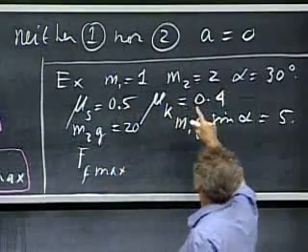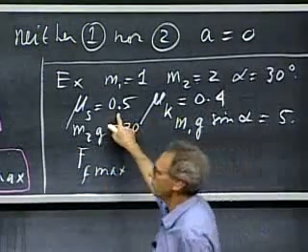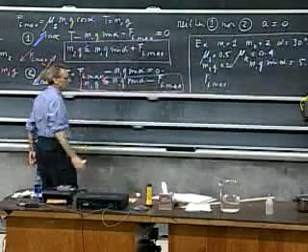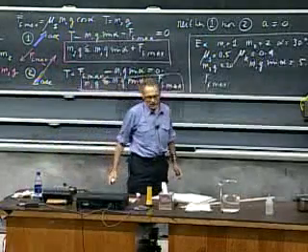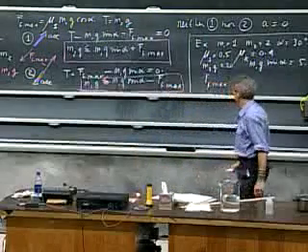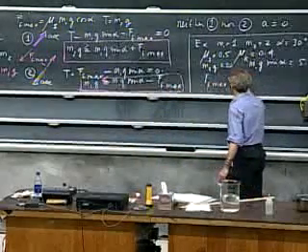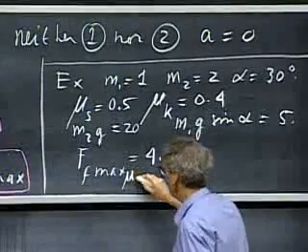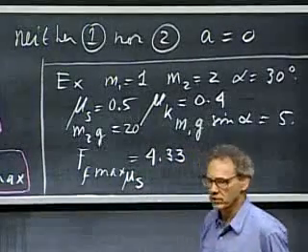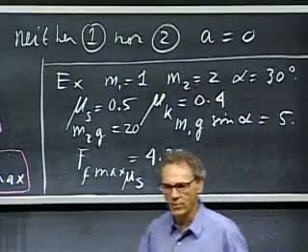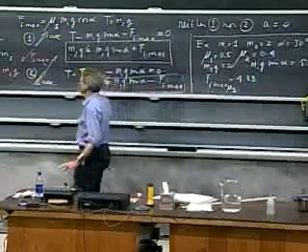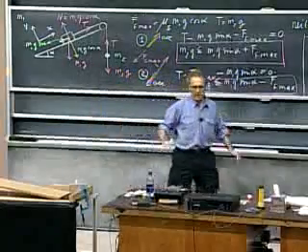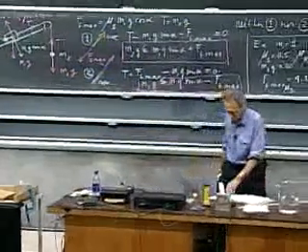I have to use for my friction coefficient 0.5. I have to use for m1g here 10 and the cosine of 30 degrees. And what I find, you have to take my word for it, is that this is about 4.33. And I want to remind you, I have used the static friction coefficient. And this is in newtons. I never put a capital N for newtons because that is very confusing with the normal force. All my units are always in SI units. So the force is always in newtons.